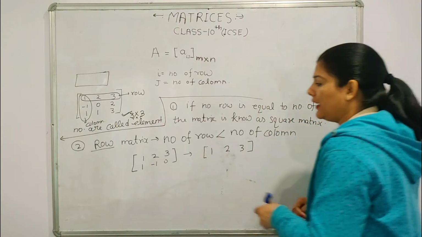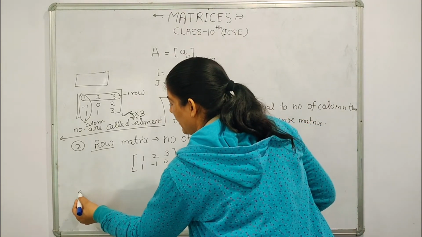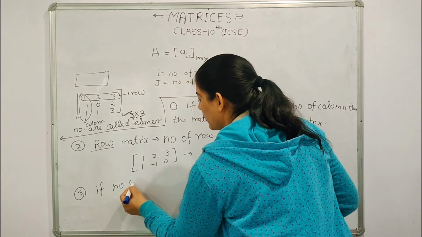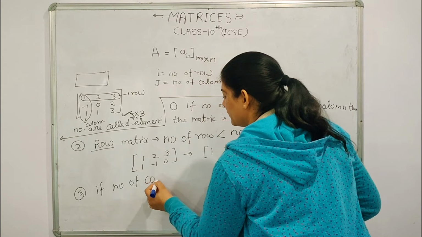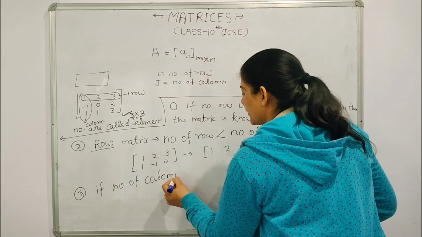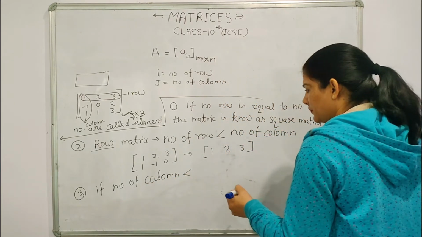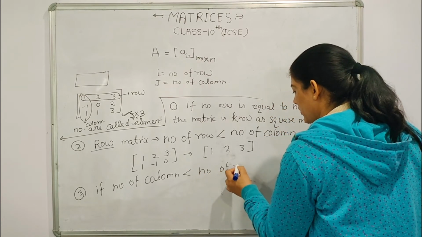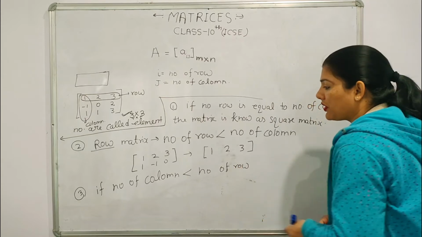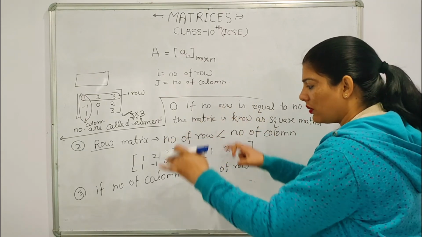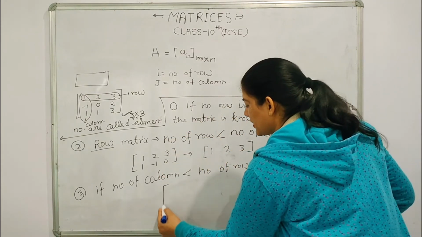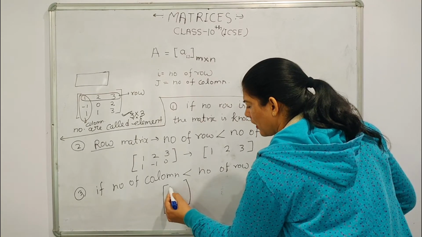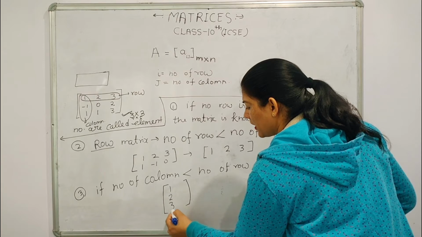And similarly, if the number of columns is less than the number of rows, then the matrix is known as a vertical matrix or column matrix, like this: 1, 2, 3.